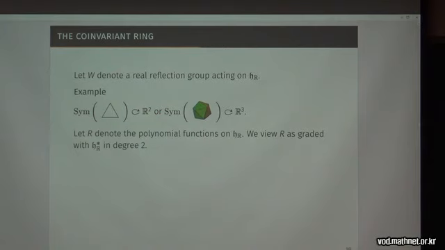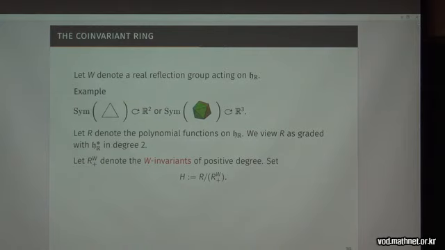We consider the polynomial functions on our vector space, and we view it as graded with elements of the dual space in degree 2. So in the example of the symmetric group, this would just give me a polynomial ring with these guys in degree 2. And we do exactly the same thing as before. We take the W invariants of positive degree and form this quotient. Okay? So we're forming this finite dimensional graded ring.